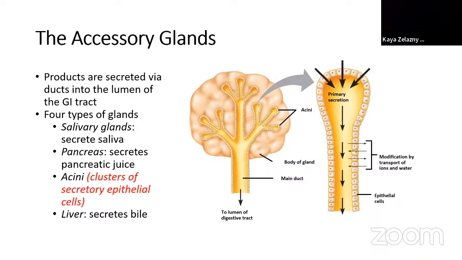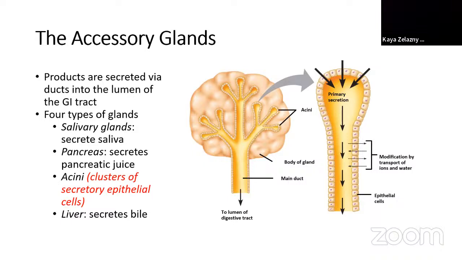So different parts of this system that we've just gone through are going to have different types of secretions going into them, but the overall kind of purpose of these glands is to produce enzymes that are going to help us chemically digest and then absorb what we're eating.